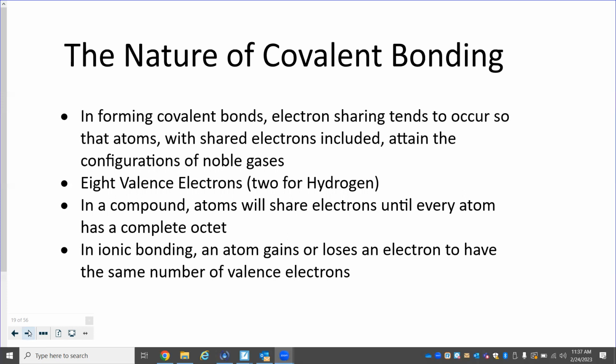So everything is trying to have 8, with the exception of hydrogen when we're bonding. And in a compound, atoms will share electrons until every atom has a complete octet. So the electrons do not have to stay on their original atom. So like we said, covalent compounds will share enough for everything to have 8, whereas ionic compounds transferred enough electrons for everything to have 8.